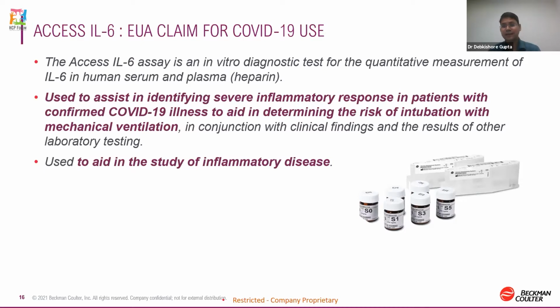So this is very interesting, because you can actually stratify which patient will be requiring some assisted support in the longer run or during the future stay in the hospital, definitely in conjunction with clinical findings and the results of other laboratory testing. This is also used to aid in the study of inflammatory disease.